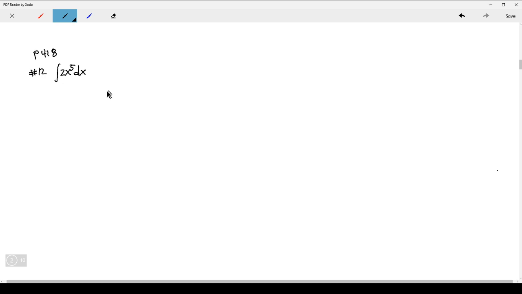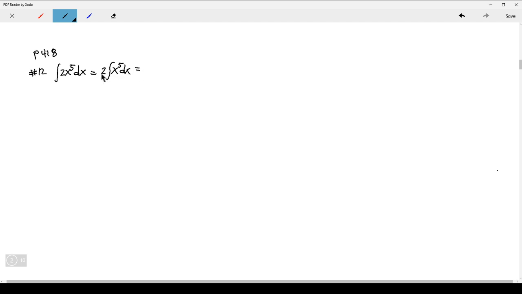In terms of steps, I'll step through this. The first thing you want to notice here is you've got a constant, which means I can pull the constant in front so that I just have the power function part inside.